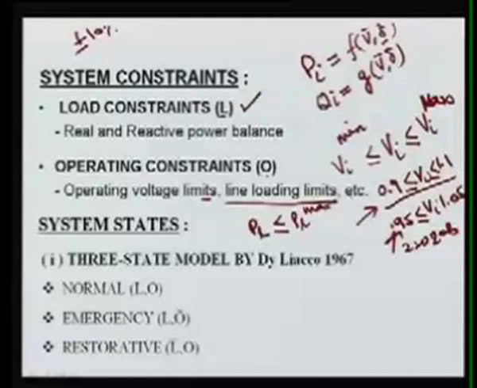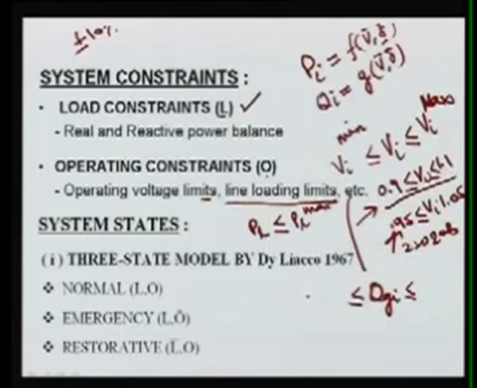Other limits are also related: we can have limits on the real power generation. We can have limits on the reactive power sources, that is, the reactive power generated at any ith bus should be well within limit, QGi minimum, and it should be less than QGi maximum at that bus. So reactive power generation should also be well within limit.